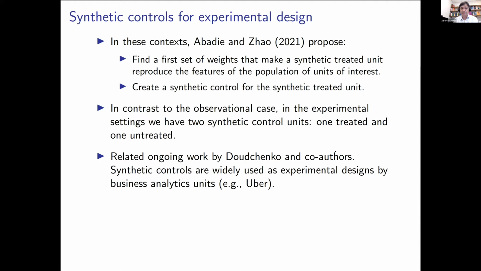First, you find a set of weights that make a synthetic unit that reproduces the characteristics of the population of interest, for example all the cities where my company is operating in the United States. Then you create a synthetic control for the synthetic treated unit. In contrast with the observational case, here we have two units: one synthetic treated unit and one synthetic control unit.